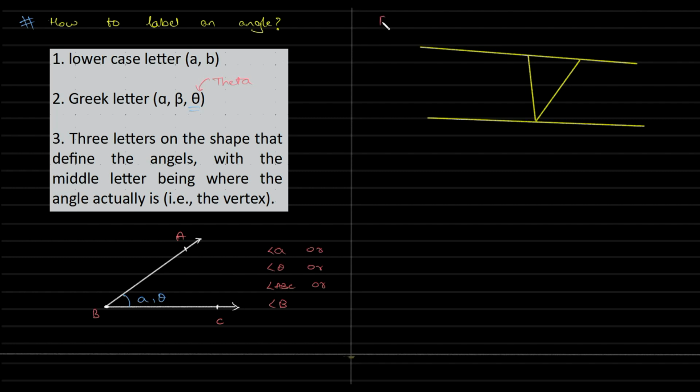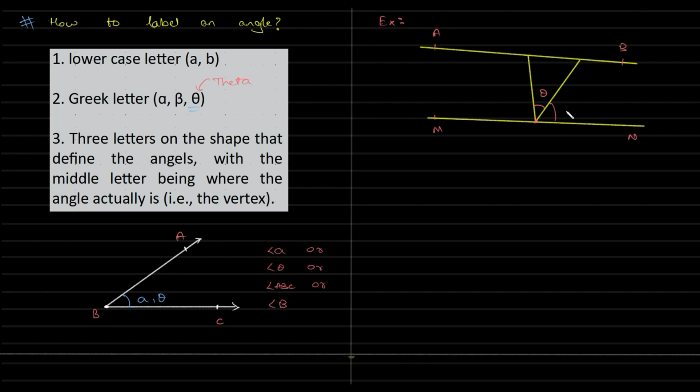I have an example. Say I want to name, first let me name the line segment AB, MN. I want to name this angle. So we need to name the vertex first. So let me name it T. Then if you don't have this T thing, say I don't want to name that, I just can call this as theta.